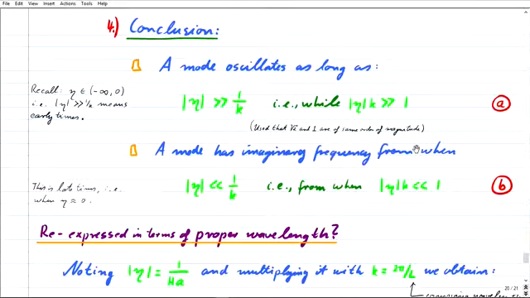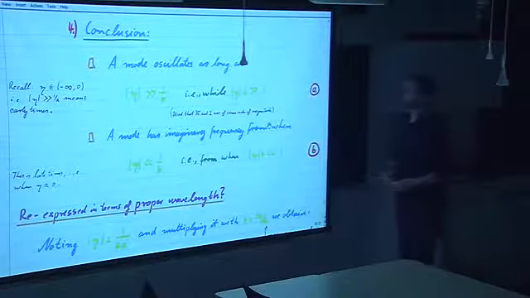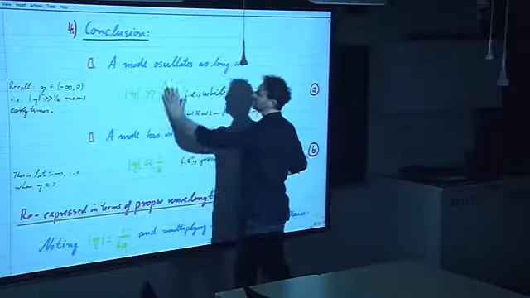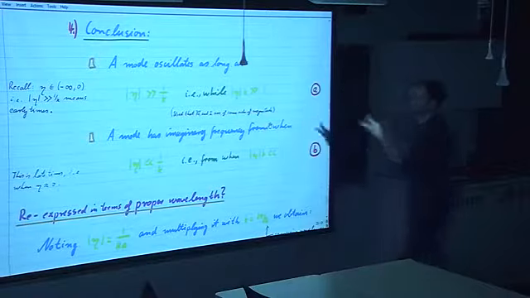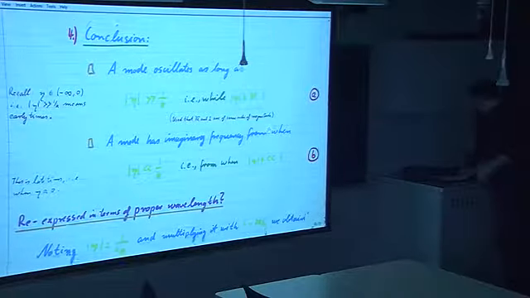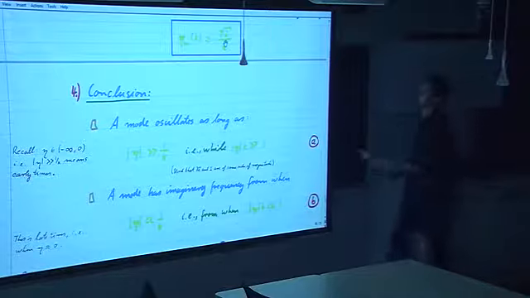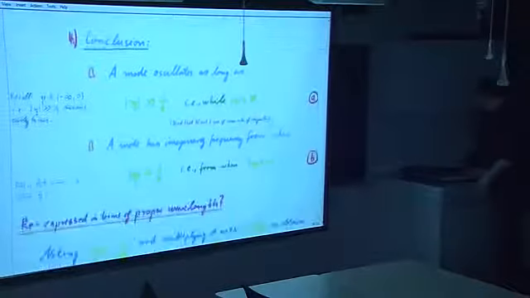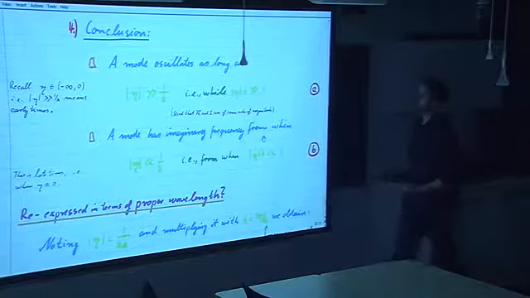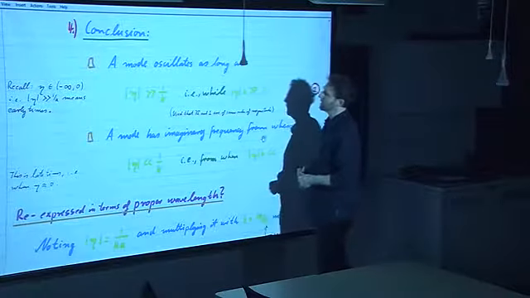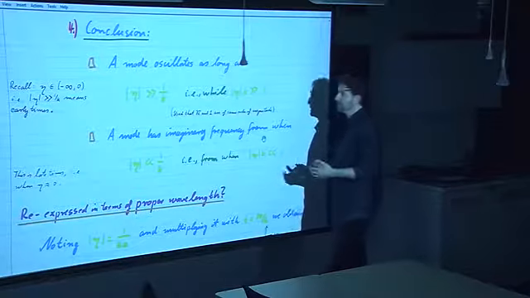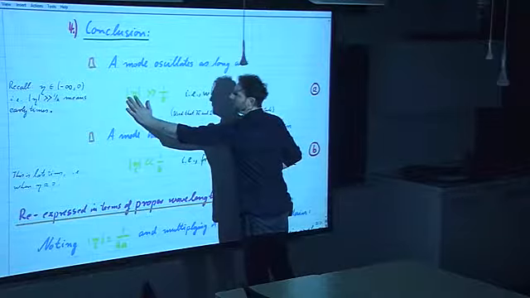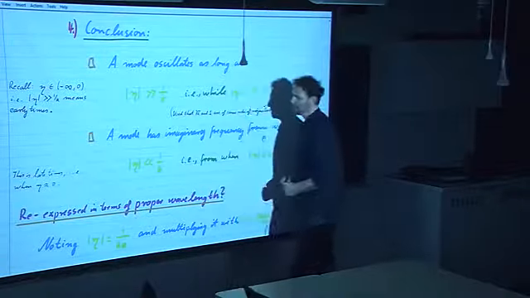Okay, so our conclusion so far is this. A mode oscillates as long as eta is large compared to k. We are dropping now a factor of square root of 2. That's not going to be that important here. In principle, there's a factor of square root of 2 in here. So the conclusion is that the mode k oscillates, its frequency squared is a real number, as long as the absolute value of eta is large compared to 1 over k.